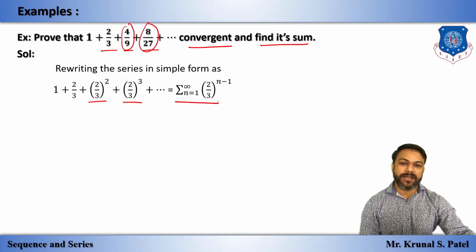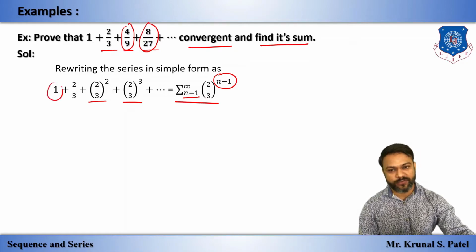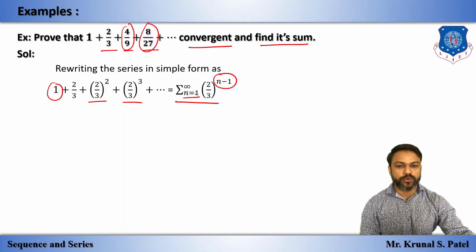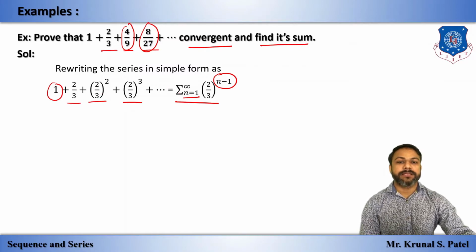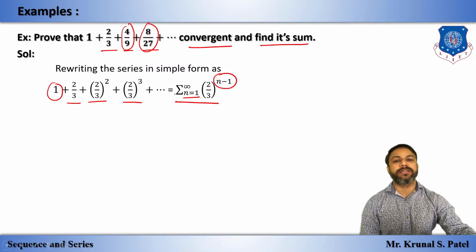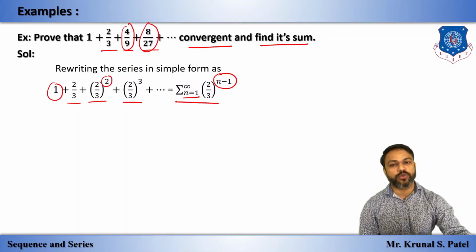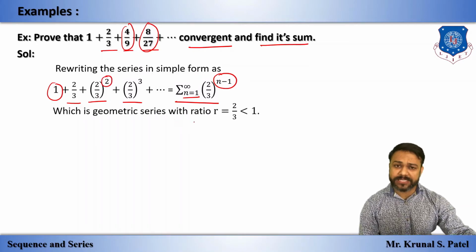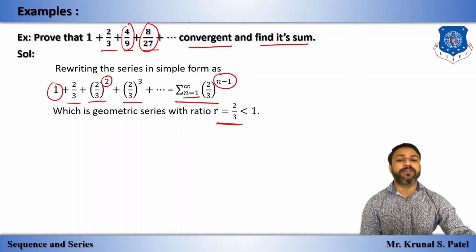In the general form it is 2 by 3 raised to n minus 1, because we are starting n from 1. So 1 minus 1 is 0, 2 by 3 raised to 0 is 1, so the first term is 1. Then if you put n equal to 2, 2 minus 1 is 1, so we get 2 by 3. If you put 3, 3 minus 1 is 2, so we get 2 by 3 squared, and so on. So this is a geometric series with common ratio r equal to 2 by 3.